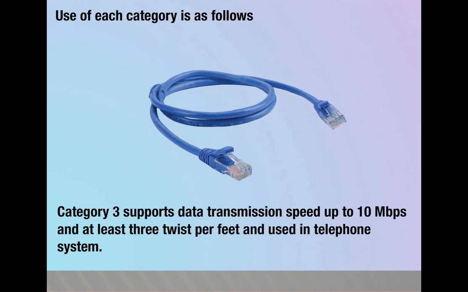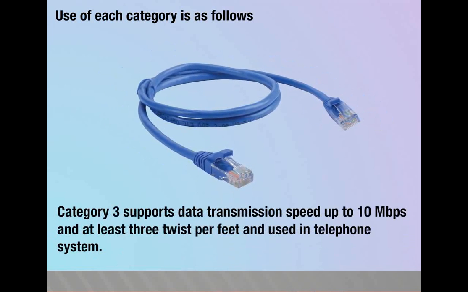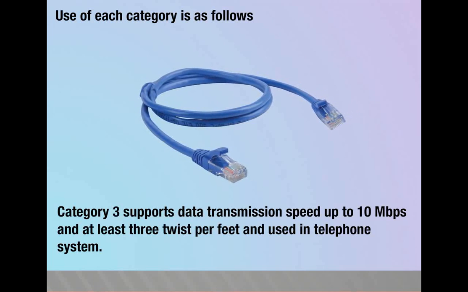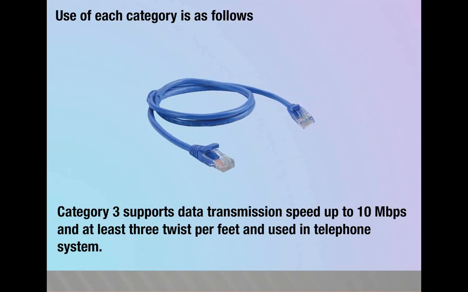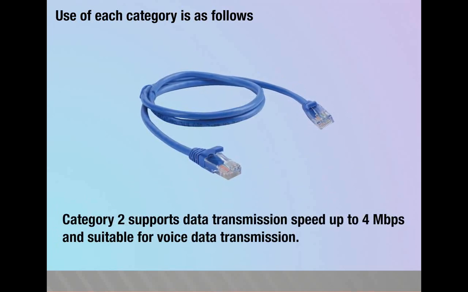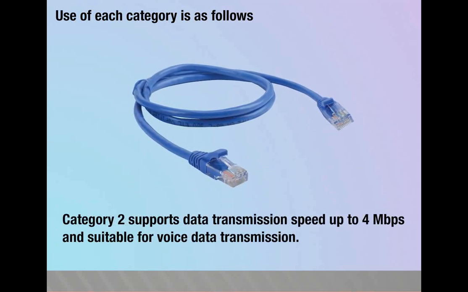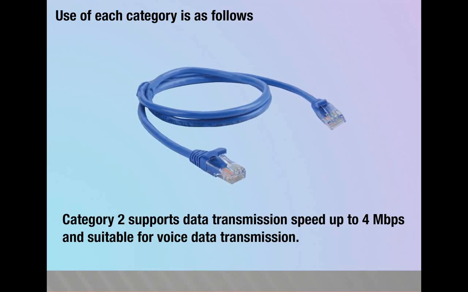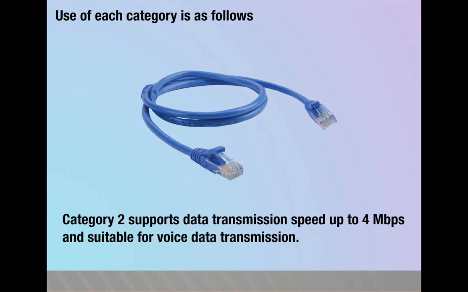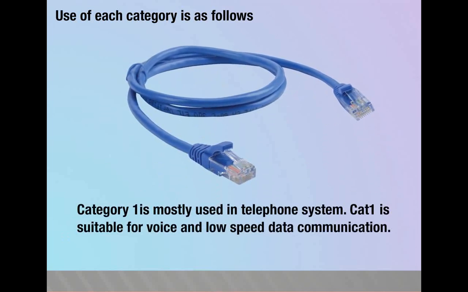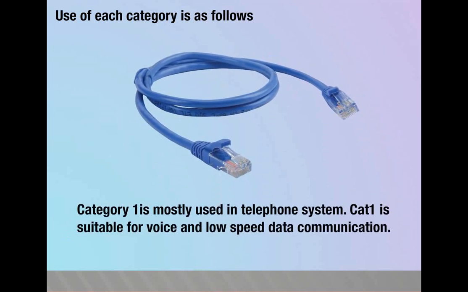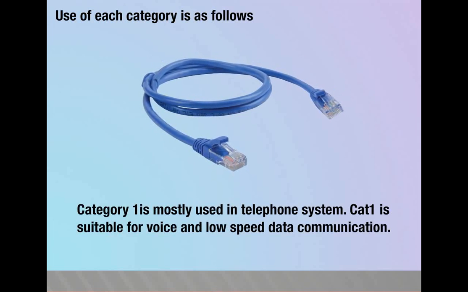Category 3 supports data transmission speed up to 10 Mbps and at least 3 twists per foot and is used in telephone system. Category 2 supports data transmission speed up to 4 Mbps and is suitable for voice data transmission. Category 1 is mostly used in telephone system. Cat 1 is suitable for voice and low-speed data communication.